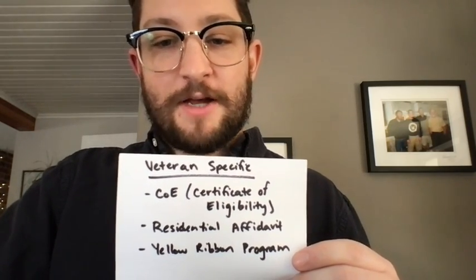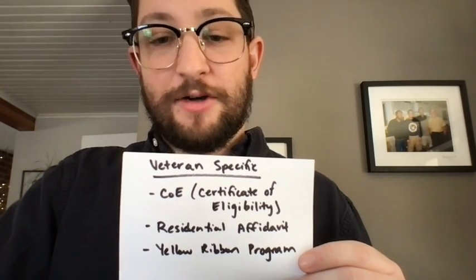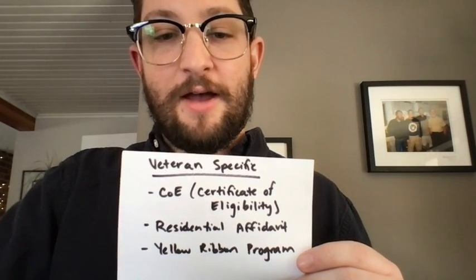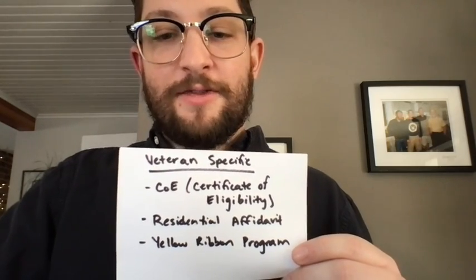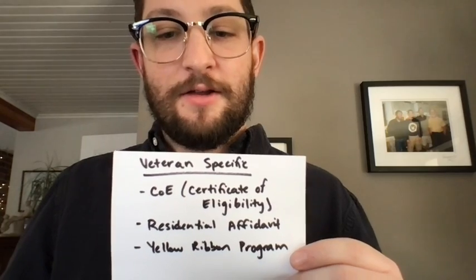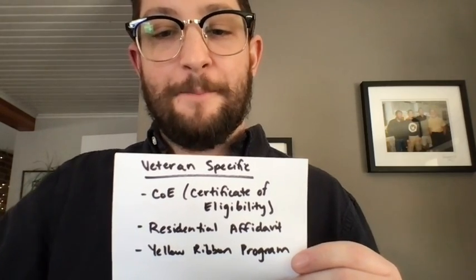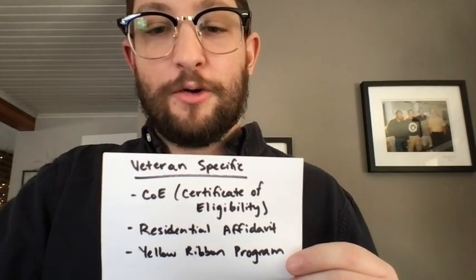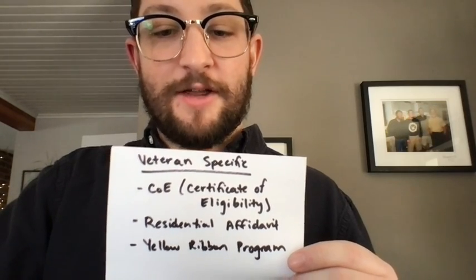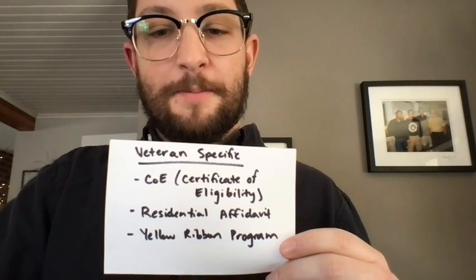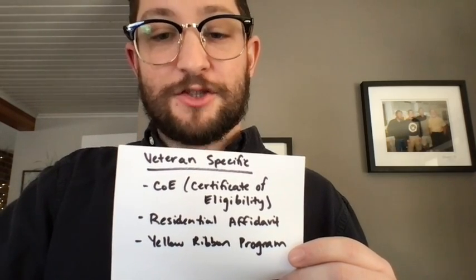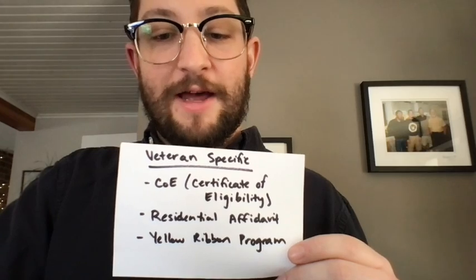Go to the school website, call the financial aid office, see if they support the Yellow Ribbon Program at that school. If they do, they're going to have a certain amount of money that they will match to help you cover that extra tuition cost. So that's something you want to make sure you look into if you're going to a private school and you want to cover that extra money.